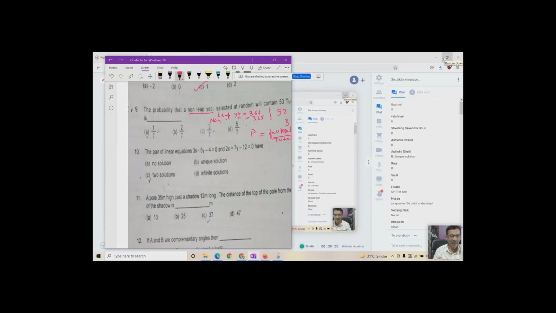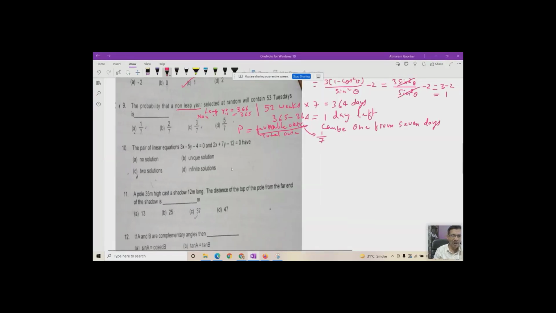And everyone is saying B. Yes, it is B. It has got unique solution. So it's good that everyone does understand this. So here 3 upon 2 is one ratio, then minus 5 upon 7 is another ratio, and the third ratio is minus 4 upon minus 12.